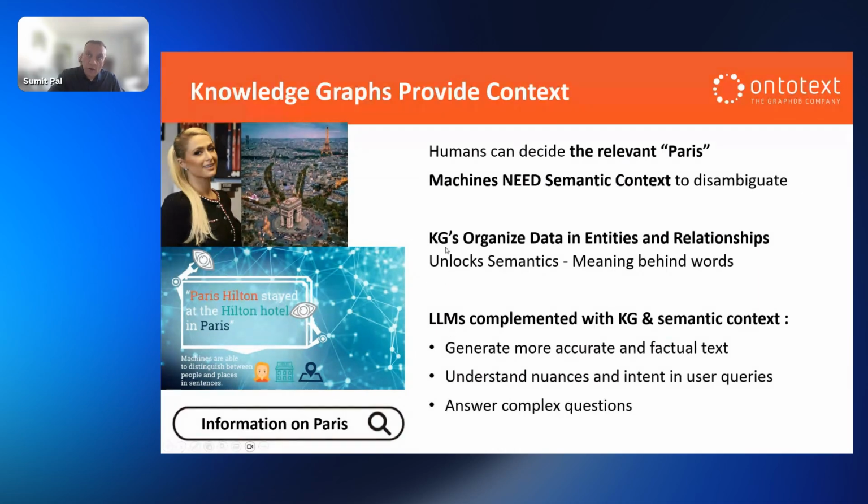And this context is something that LLMs are complemented with by knowledge graphs to get more accurate answers, to get more factual results, and reduce the hallucinations. And this is done with graph RAG based approaches, which we will go into in more detail later.